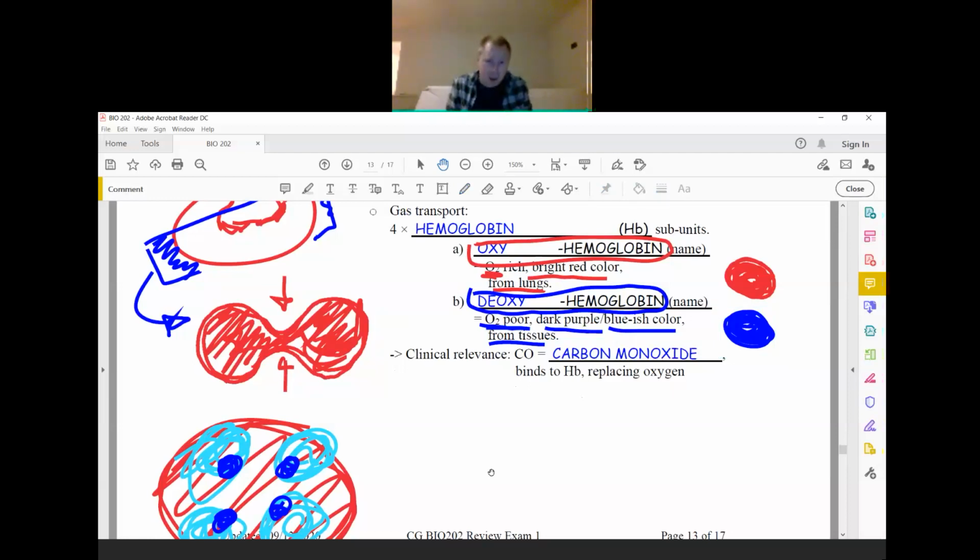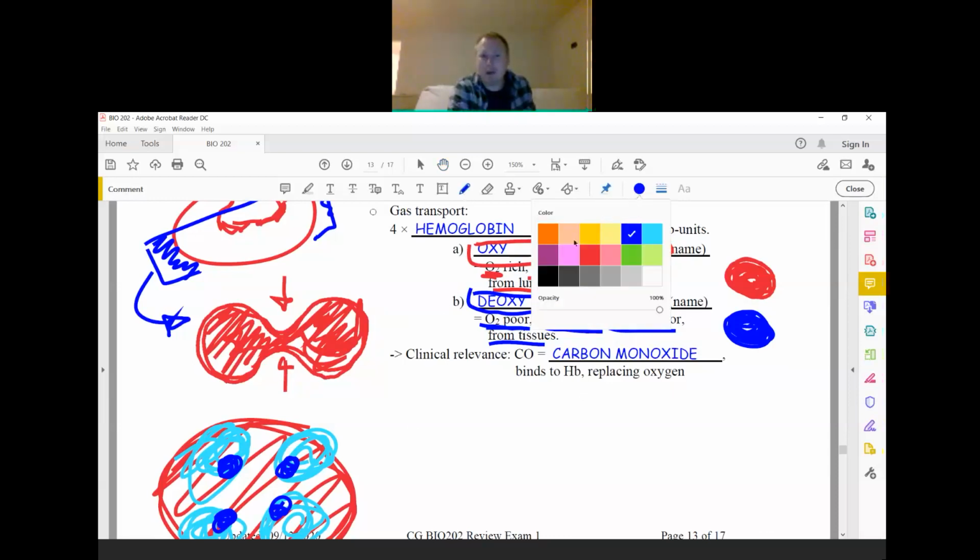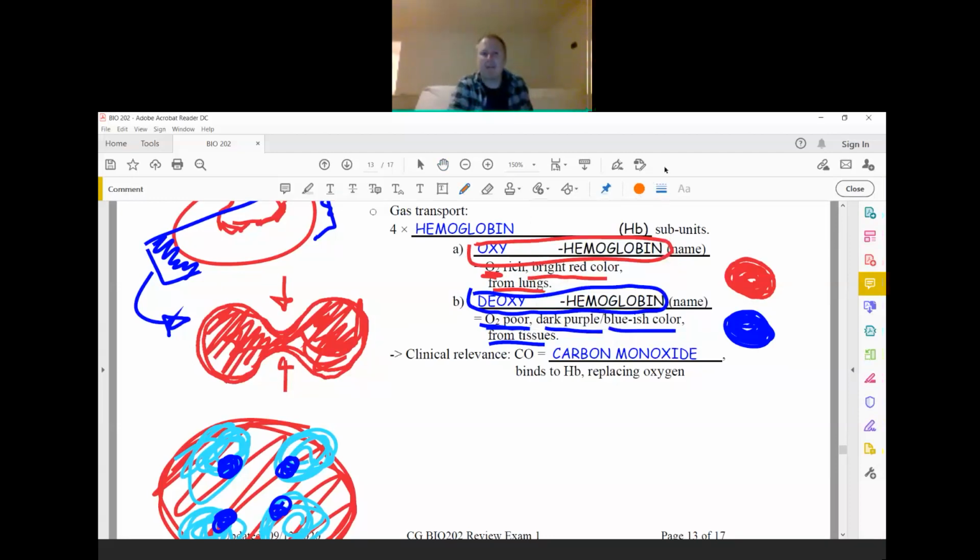Well, why does this all matter? Why do these 4 hemoglobin subunits within a single red blood cell matter? Well, it matters because each one of them can only carry 1 oxygen molecule. But there are other gases that are very eager to bind into those. One of those would be, for example, carbon monoxide. Where do we find carbon monoxide?